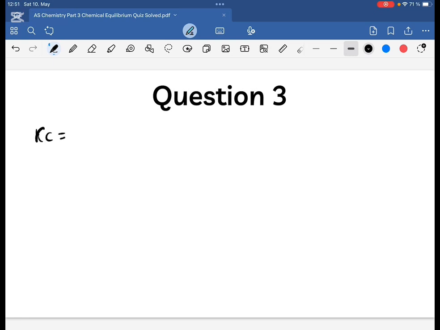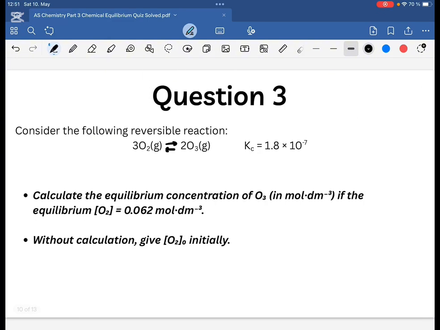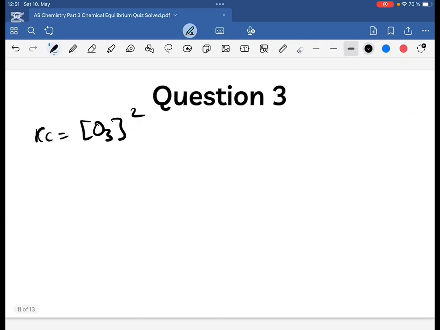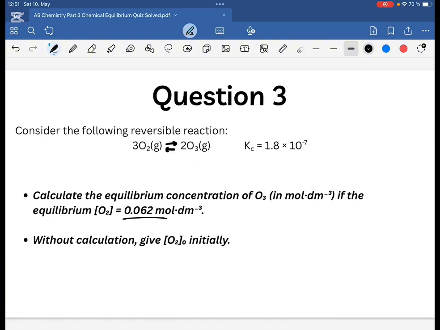So Kc is equal to O3 to the power of 2. This is because it has a coefficient of 2, divided by the O2 to the power of 3. Now we're going to get a value for O3 squared. It's going to be Kc, which is 1.8 times 10 to the power minus 7, multiplied by 0.062 to the power of 3, which is over here.